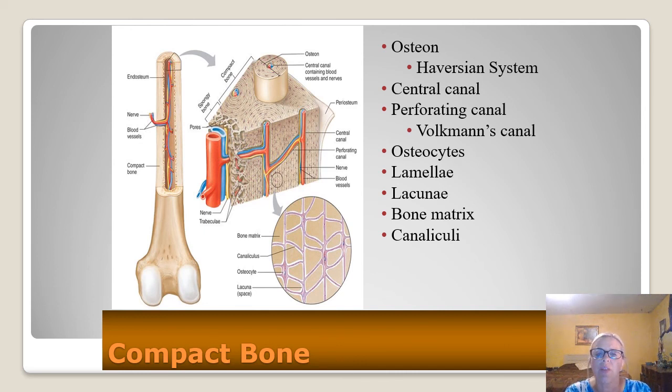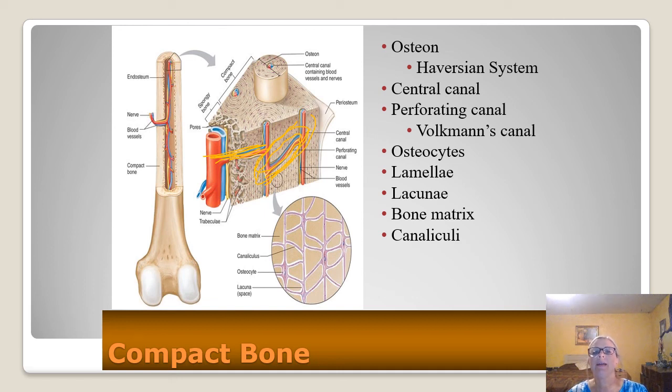Let's see if we can find that on here for you. It's kind of hard for me to read this. Anyway, here's the perforating canal here. Okay, so this is going to be the longitudinal canals, right? And then we have perforating canals as well.